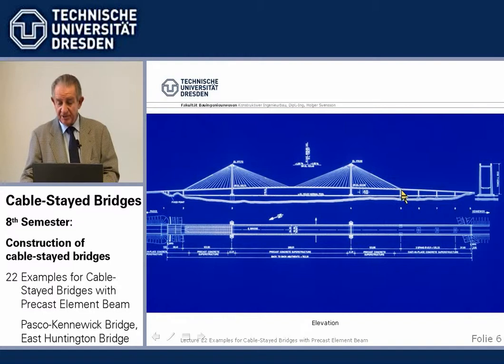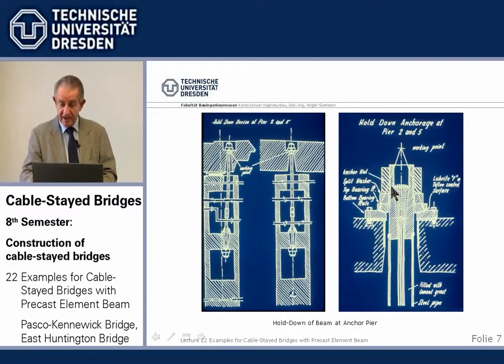And the problem is that we have to combine taking up the vertical force with horizontal movement of the beam. We have in this case the fixed point here. Okay, there's no horizontal movement. But here we have 500 meters of concrete bridge beam which moves back and forth, and there we had to think up something.